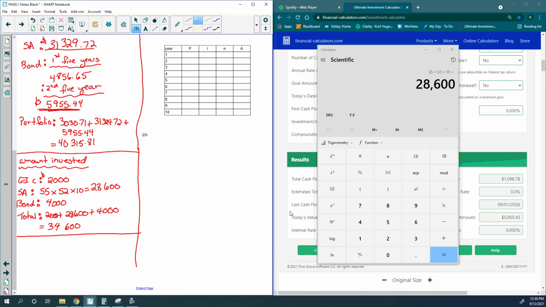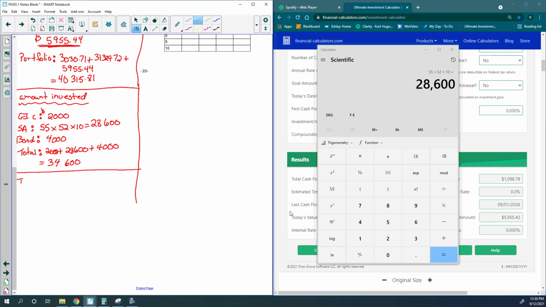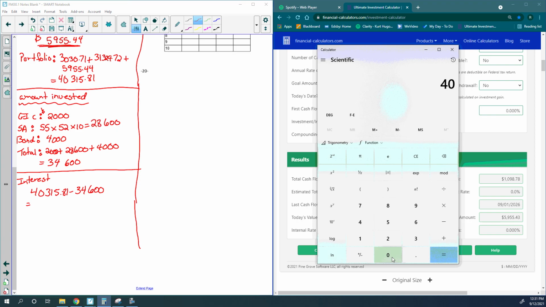Okay. So to do the interest, we're going to do the amount he made: $40,315.81 minus what he invested, so the $34,600.